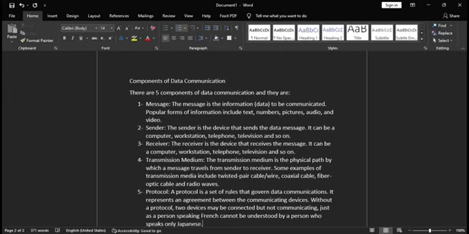A protocol is a set of rules that govern data communication. For there to be a successful communication between devices, there must be a protocol, otherwise there will be no communication. So it represents an agreement between the communicating devices. Without a protocol, two devices may be connected but not communicating, just as a person speaking French cannot be understood by a person who speaks only Japanese.